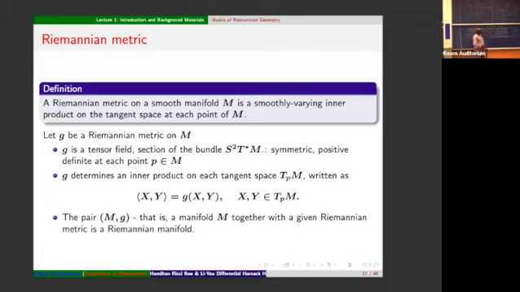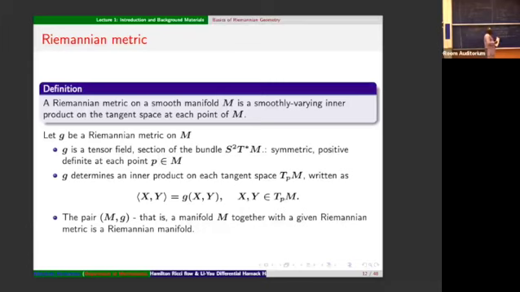Now, a Riemannian metric on the smooth manifold M. We have a smooth manifold M now, and you want to put a Riemannian metric on it. A Riemannian metric is a smoothly varying inner product on the tangent space at each point of M. On the tangent space you have vectors, and you want to have the inner product of these vectors in a smooth way.